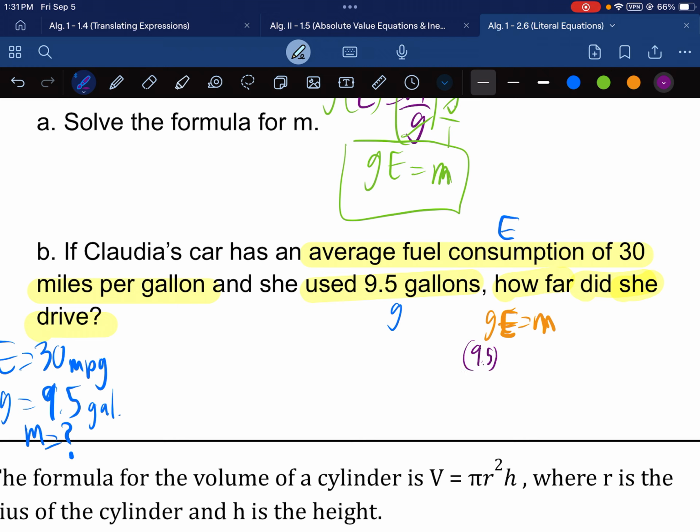So I'm going to have 9.5 times 30, and that'll equal m. We're going to figure out how far Claudia drove on 9.5 gallons of gas, given that she gets gas mileage of 30 miles per gallon. So 9.5 times 30 is 285. So 285 equals m. So Claudia drove 285 miles.